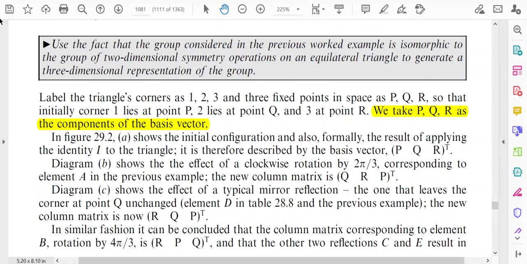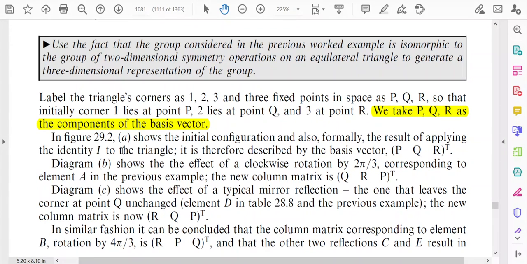We know that to find out the representative matrix, we need a basis vector, and in different cases we will take different types of basis vector. So in this particular case, let us take the points P, Q, R as the components of the basis vector.